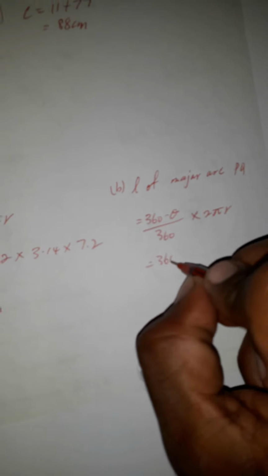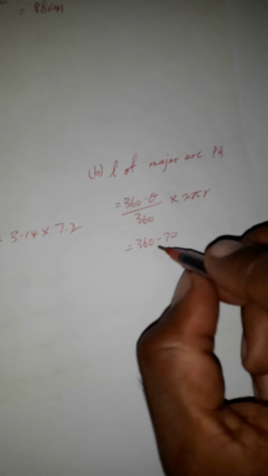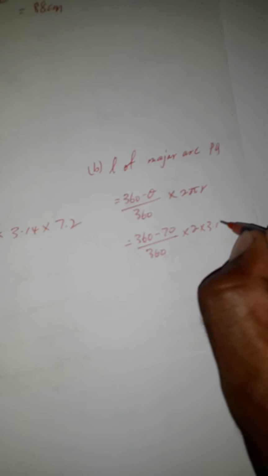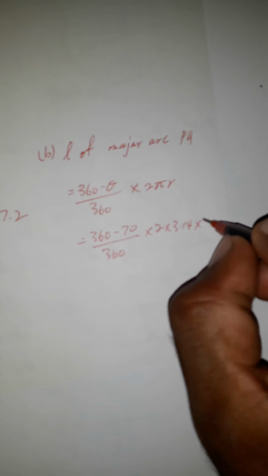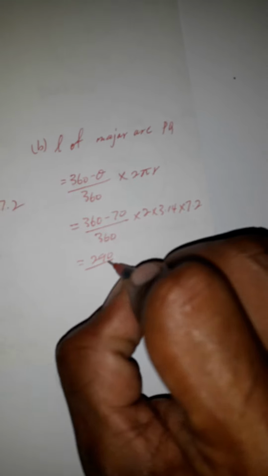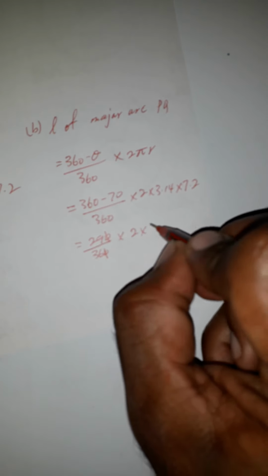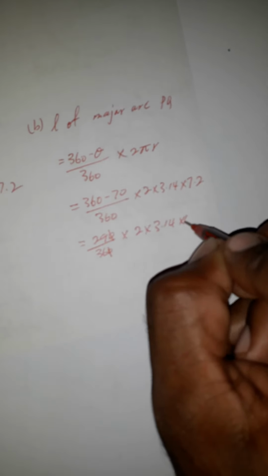So it will be 360 minus 70, which is the theta in the question, times 2 times 3.14 times the radius, which is 7.2. Remember, if I'm going too fast, you can always pause the video and go through it again. So when we subtract there, that's how I got 290, right? And then I can cancel off this 0 with that 0. Times 2 times 3.14 times 7.2.